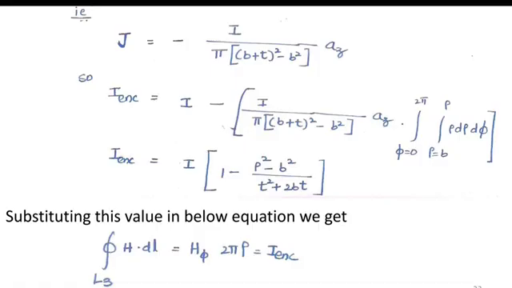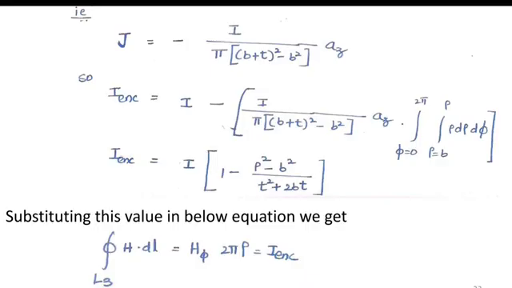So I enclosed is equal to I minus I divided by the area term, and we have to integrate it for phi from 0 to 2 pi, rho from b to rho, rho d rho d phi.